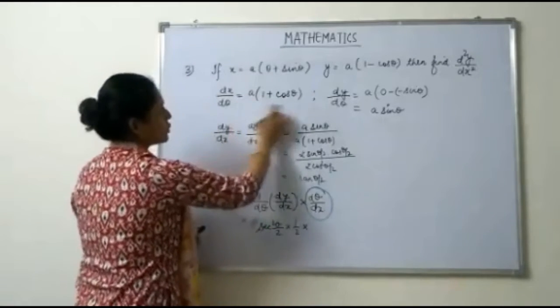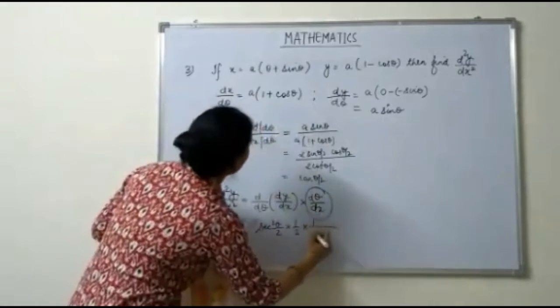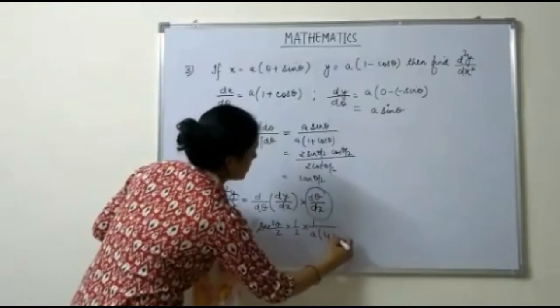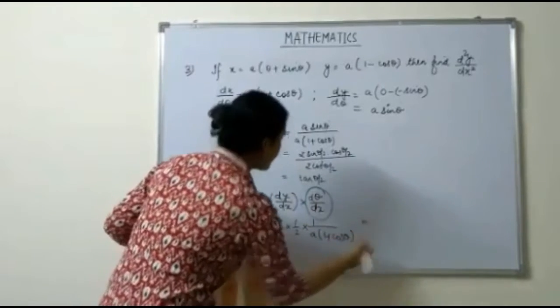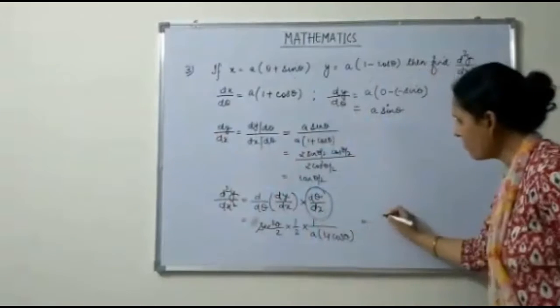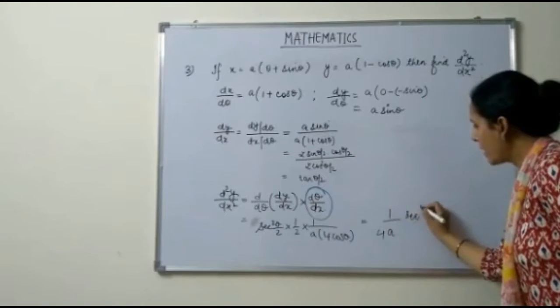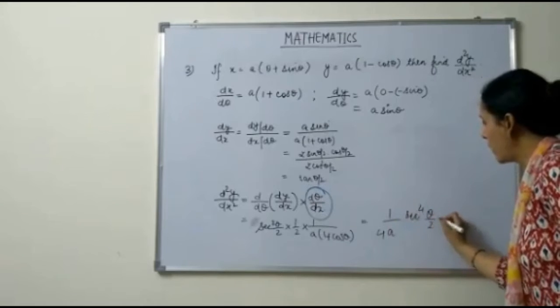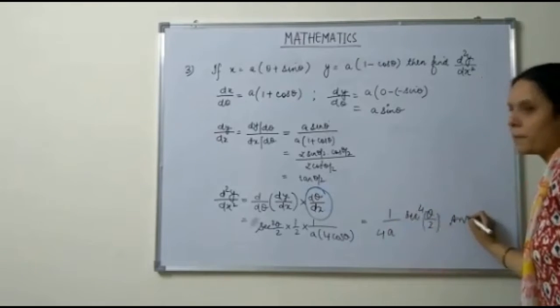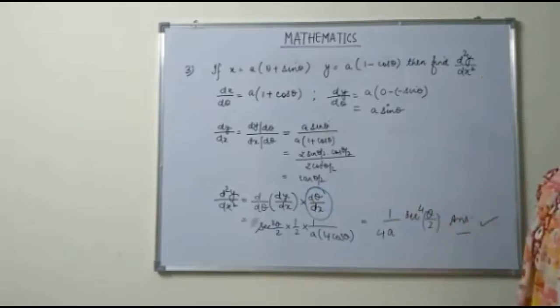We'll take the inverse of this, so this becomes 1 upon a into 1 plus cos theta, and when we solve this, we will get 1 upon 4a sec 4 theta by 2. So this will be our required answer.